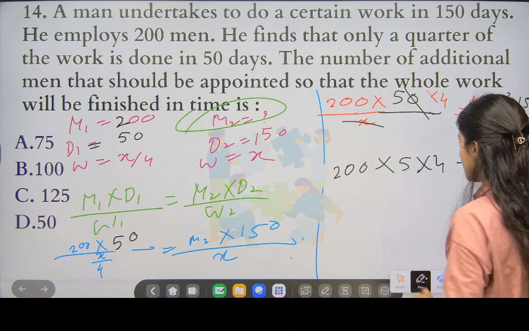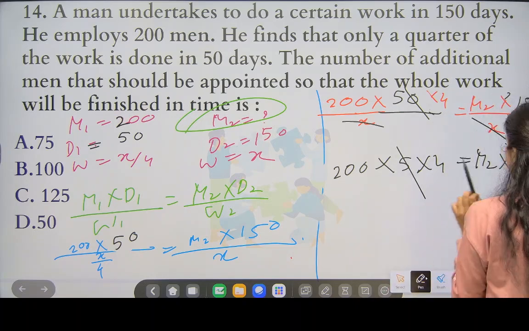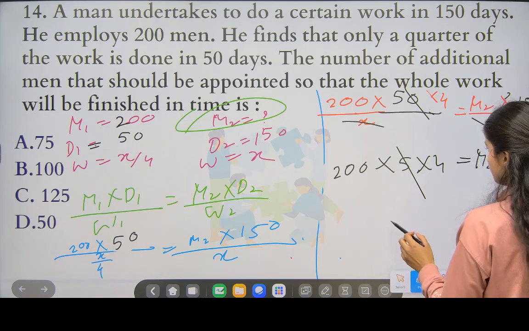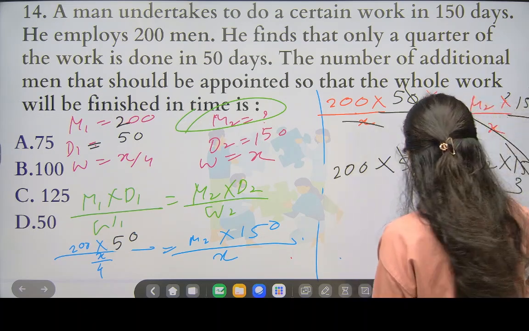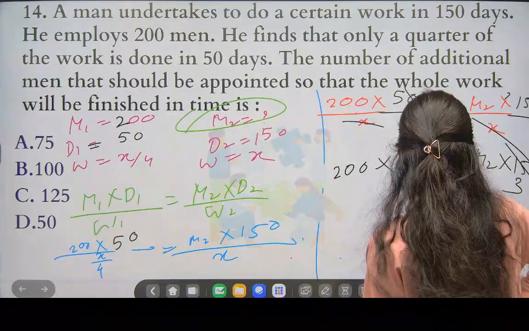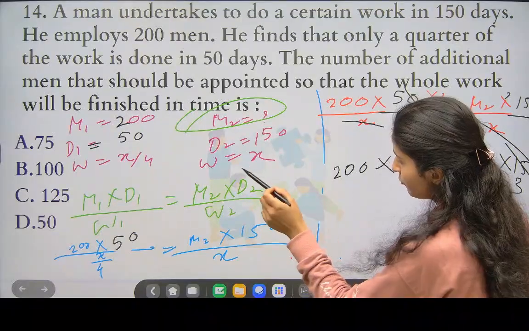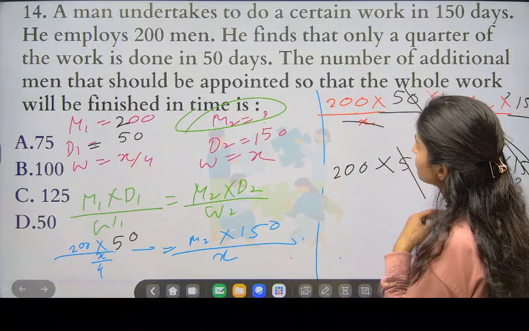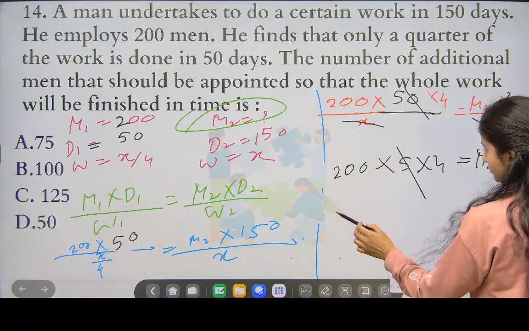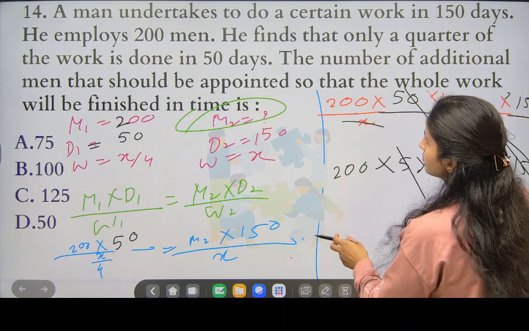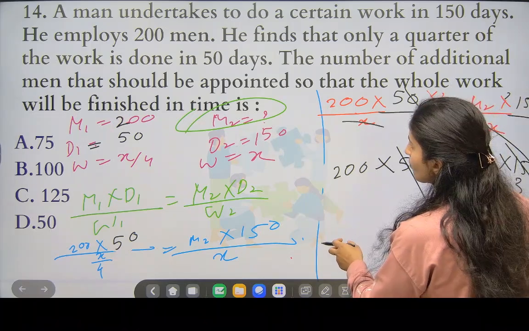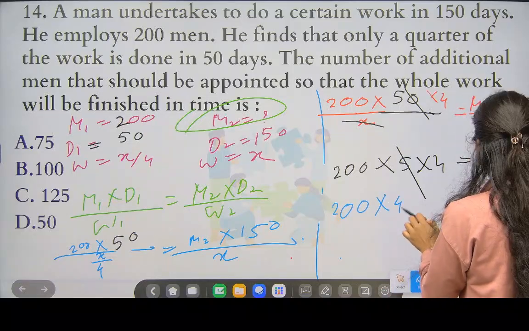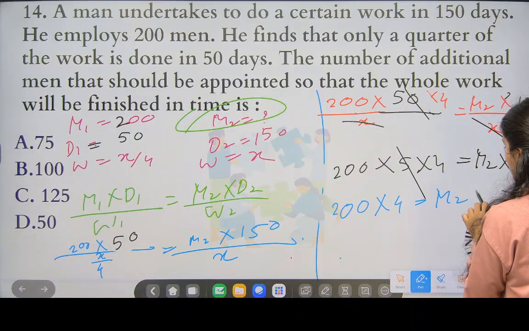Five ones are 5, five threes are 15. 50 men, and here how many days they are giving, a certain work in 150 days. 200 into 4 is equal to M2 into 3.